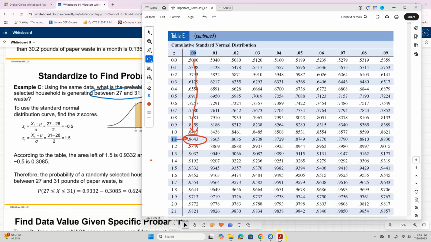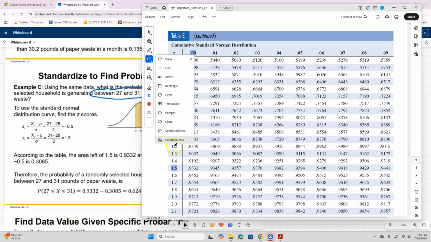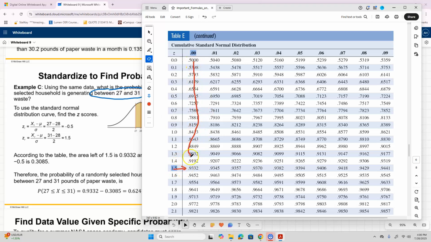So we're going to pull those values off the chart and see what we get. Our first one was 1.5, again, this is a 1.50. And 1.50 gets us 0.9332. So that's our first value.